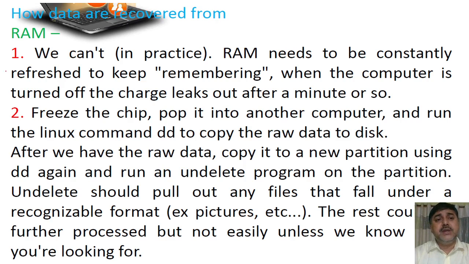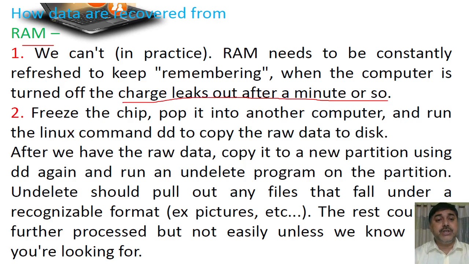Now, how can we recover the data? We can see that the data we have in RAM can be recovered. That means we have to see that the RAM is constantly refreshed. RAM needs to be continuously refreshed. When your computer is turned off, check the leak out after a minute or so.